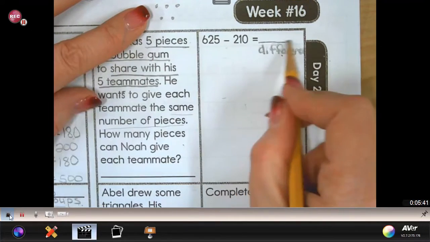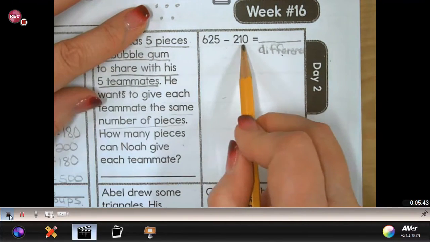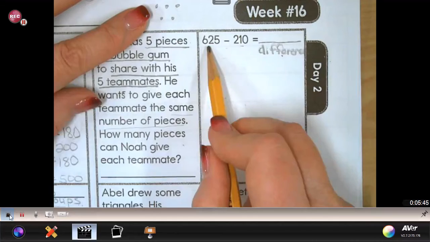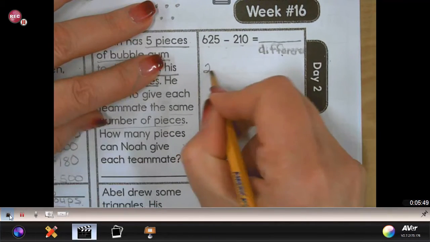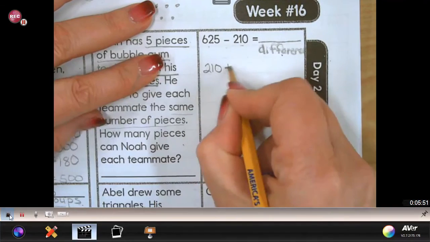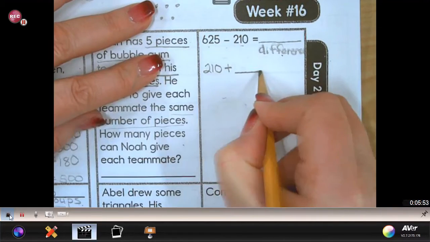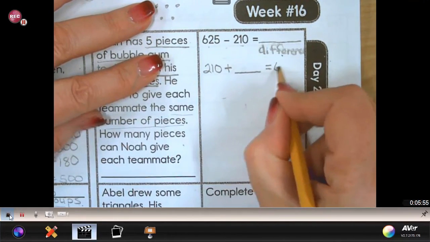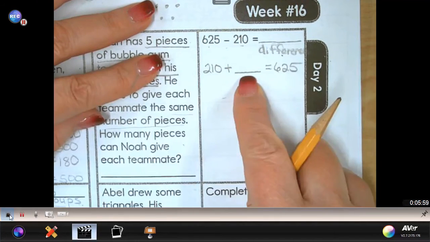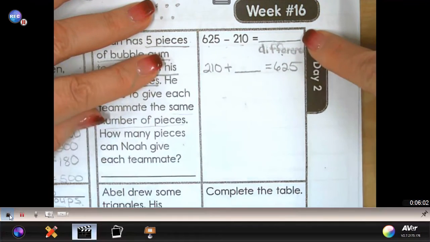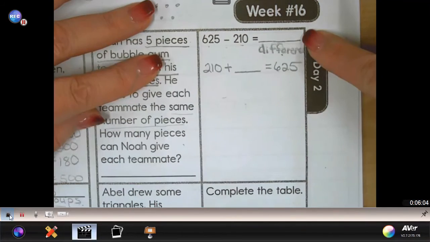So I'm looking for the difference from 210 all the way up to 625. So think about it this way. If I had 210 and I were going to add a number to get to 625, what would that missing part be? Well, that's what we're trying to find right here, is our difference.